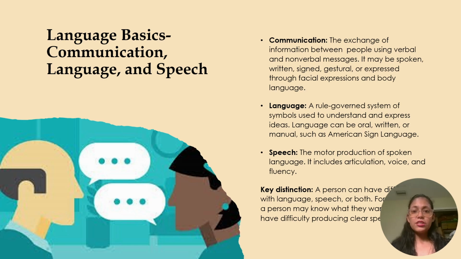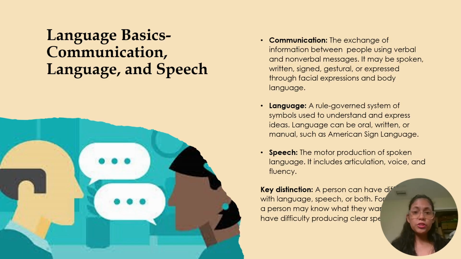Communication is the exchange of information between people using verbal and nonverbal messages. It may be spoken, written, signed, gestural, or expressed through facial expressions and body language. Language is a rule-based system of symbols used to understand or express ideas.